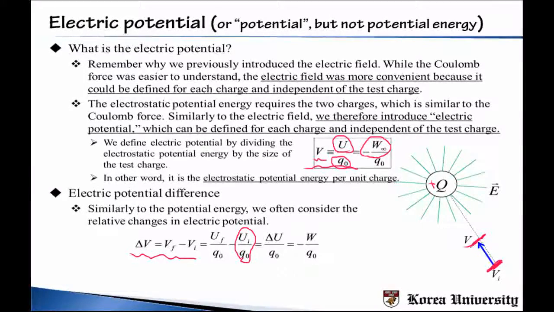Eventually their difference will be delta U, and if you divide it by Q naught, the test charge, you again get the electric potential difference. And what is this minus W? Again, W is the work done by the Coulomb force when a test charge moves from the initial position to the final position. If you put a minus here and divide it again by the test charge, you get the electric potential difference.